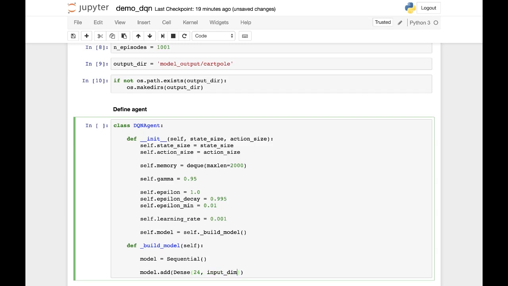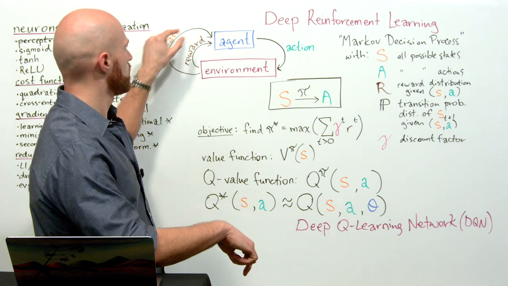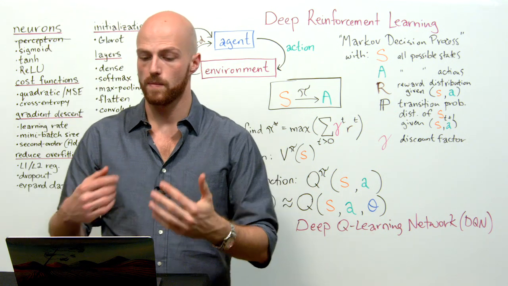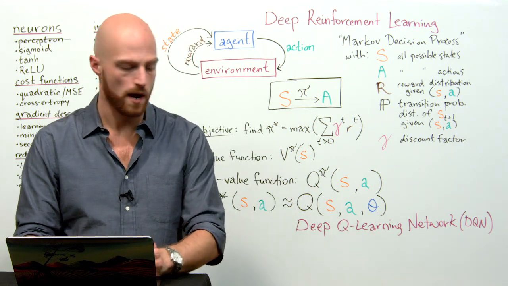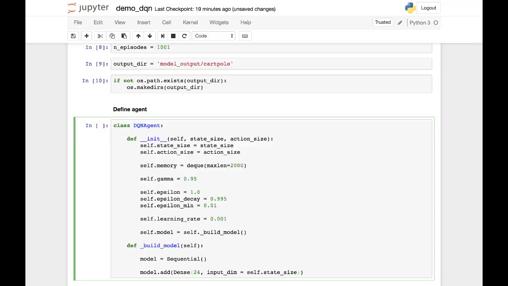The input dimensions is equal to the state size. So the 4 states of the environment are the inputs into our model. And we are going to set activation to our good old friend rectified linear unit. No surprises there. ReLU is our favorite.